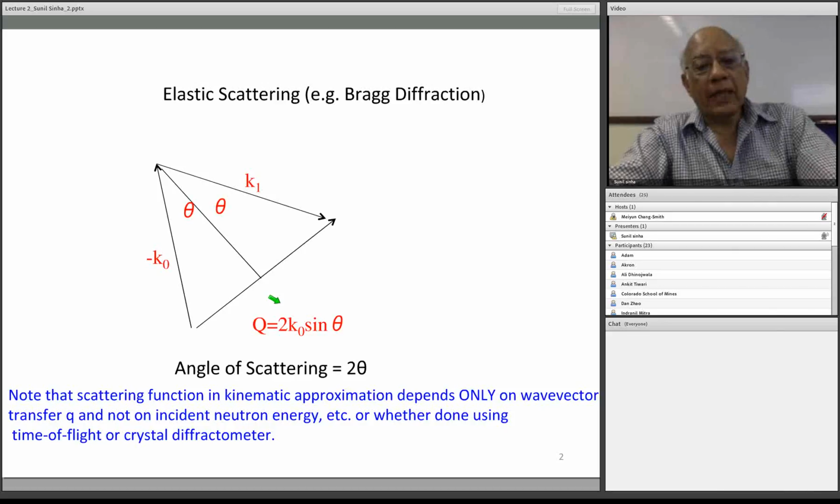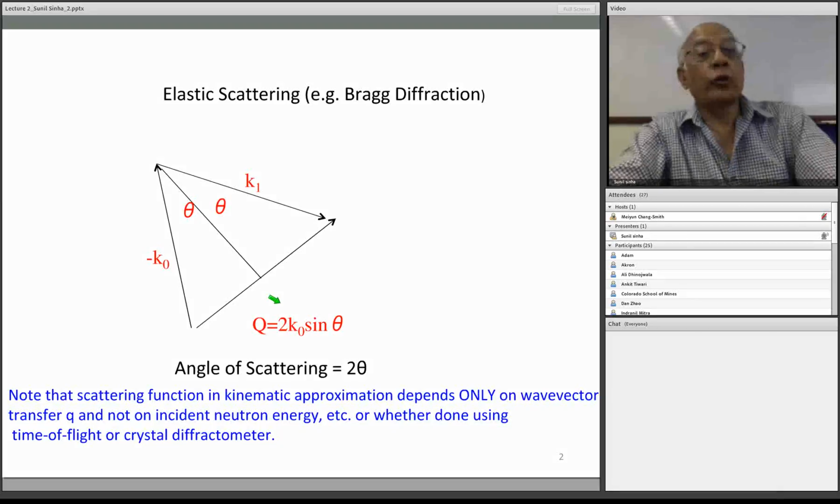For X-rays, this doesn't matter. Even if there are some small energy transfers, the q is essentially the same, because it's a tiny fraction of the wave vector. But for neutrons, if there's significant inelastic scattering, and we're seeing everything that comes off, then there have to be corrections, because your Q will also be shifted when the scattering is inelastic. The corrections are well known, and they're called Placzek corrections. But we're not going to go into those complications here.